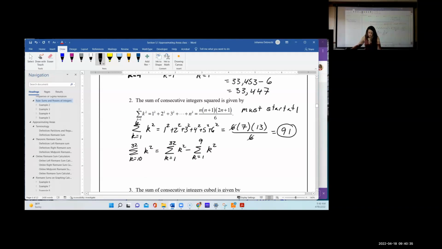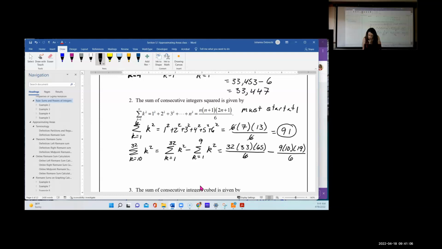And then in order to simplify this, you multiply by 32 times 33, double 32 is 64 plus 1 is 65, all divided by 6, minus 9 times 10 times 19. Double 9 is 18 plus 1 is 19, divided by 6.